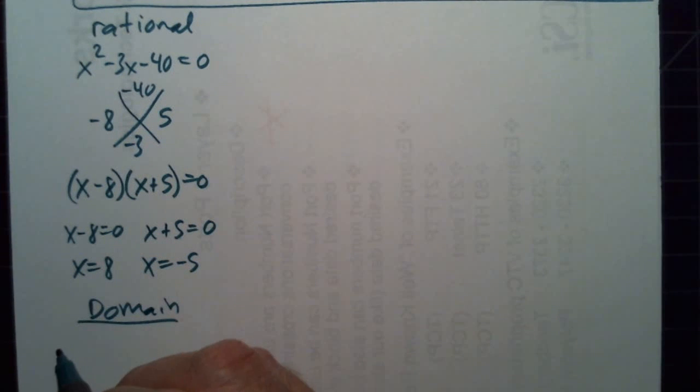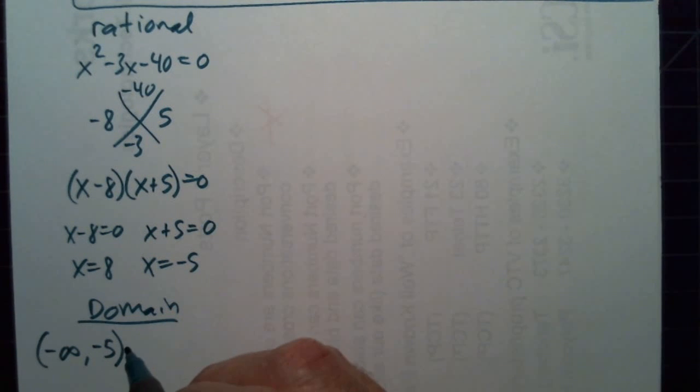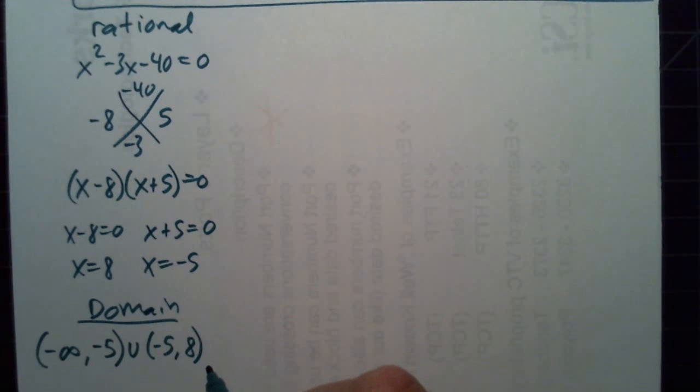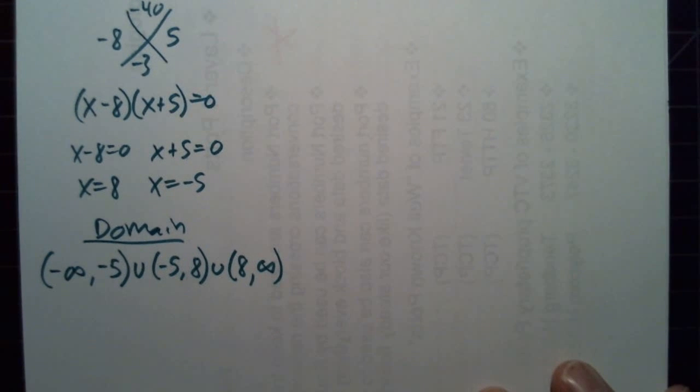So the domain is negative infinity to negative 5, not including negative 5, union negative 5 to 8, not including 8, union 8 to infinity. And that's how we can write the domain in interval notation.